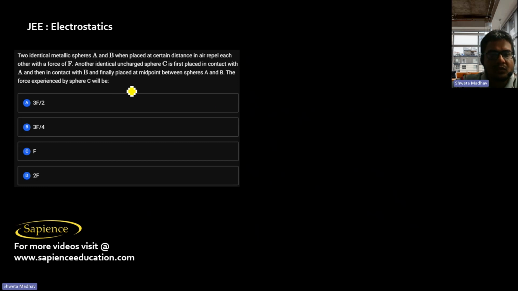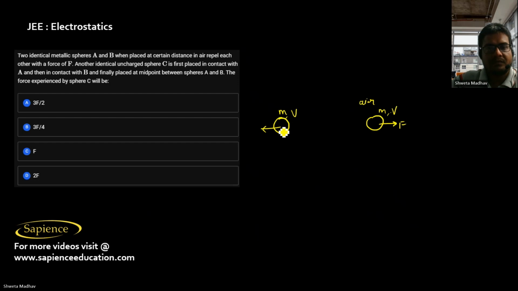Then here it is told two identical metallic spheres A and B, placed at a certain distance in air, repel each other with a force F. Their masses are m and their volume is v. So they are identical.